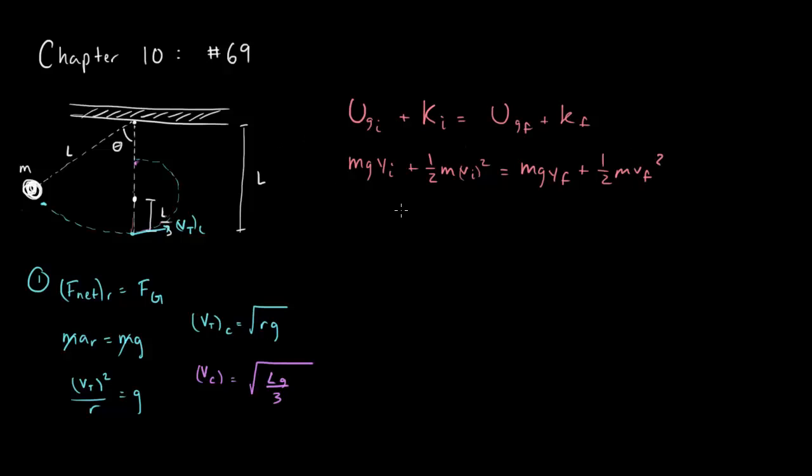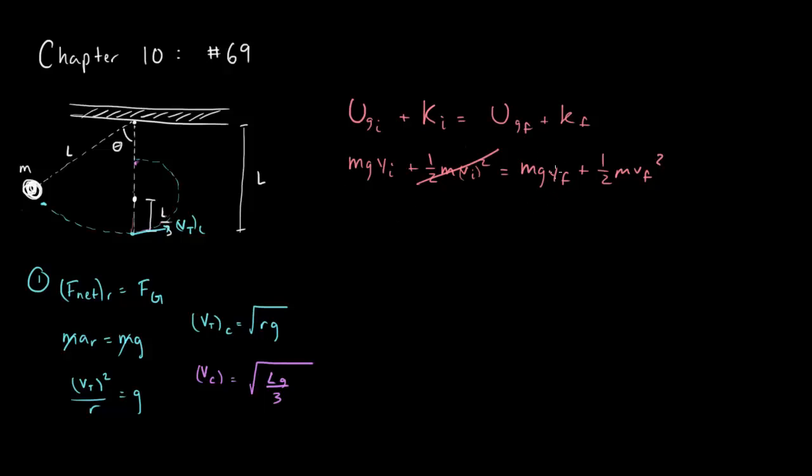Now looking at this, the kinetic term is going to cancel out because my velocity initial is 0. So I have mg y initial, I know. Okay, so I'm just going to leave it like that for a second.